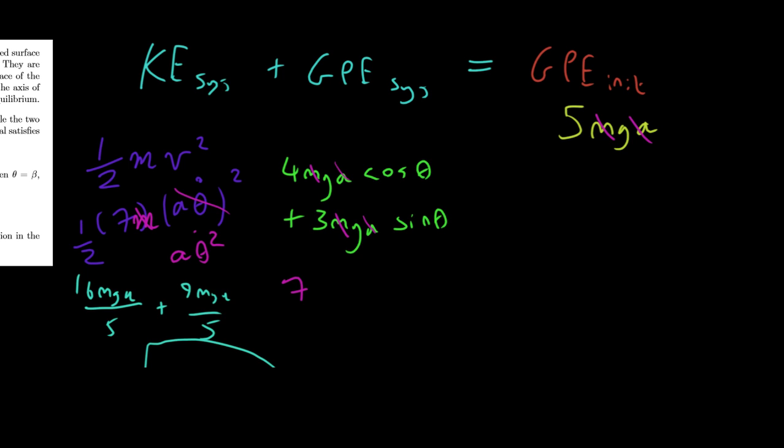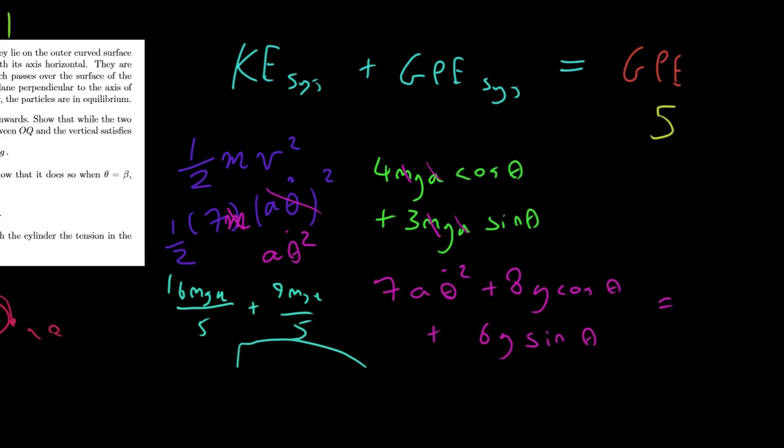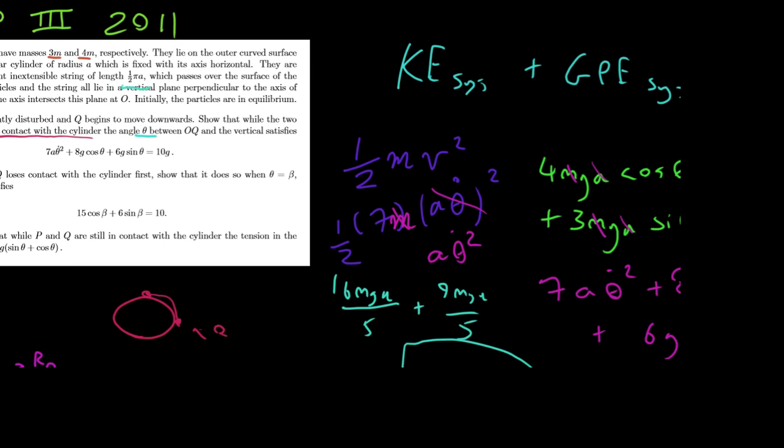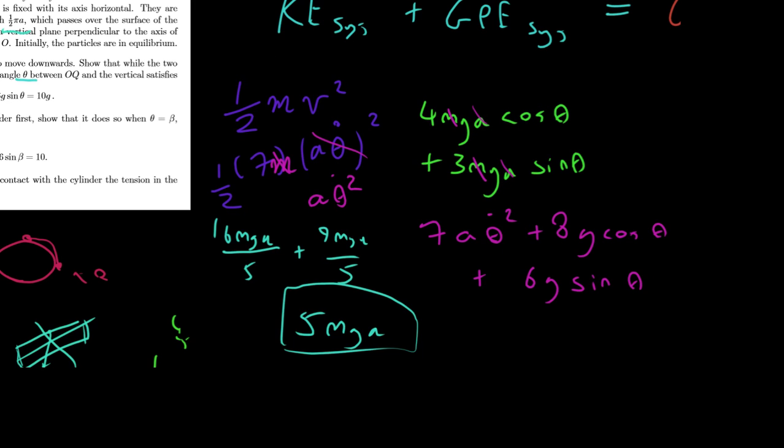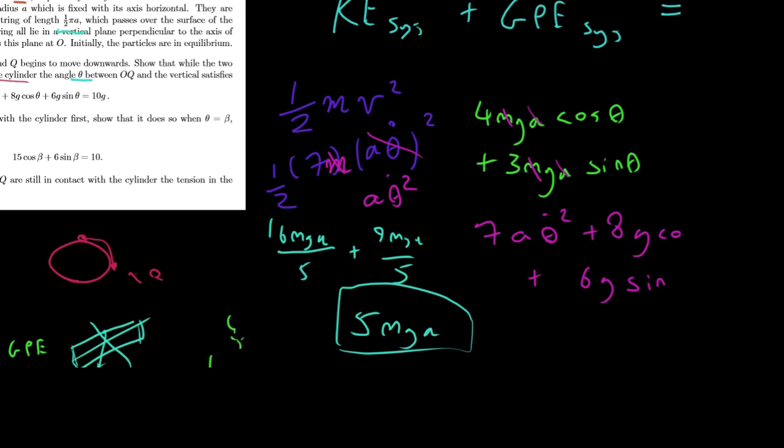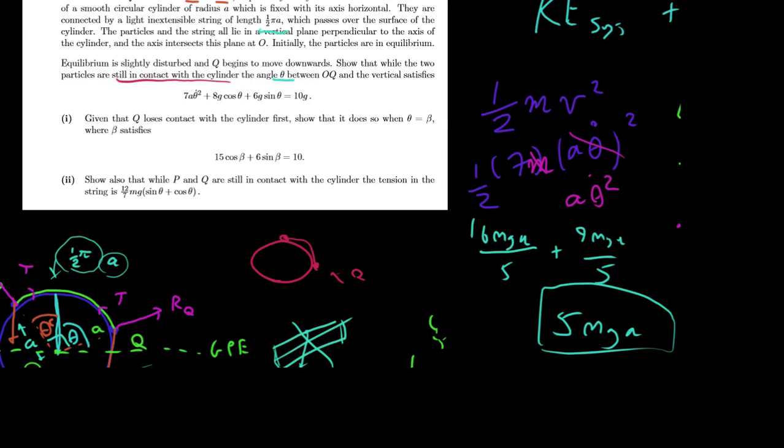So that's going to give us 7a theta dot squared plus 8g cos theta plus 6g sine theta, and multiplying over there by 2 equals 10g. I think that's what we want. Okay, so that's fine. So we have that to be true. Now, the next bit is: given that Q loses contact with the cylinder first.